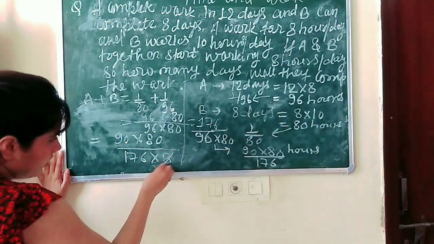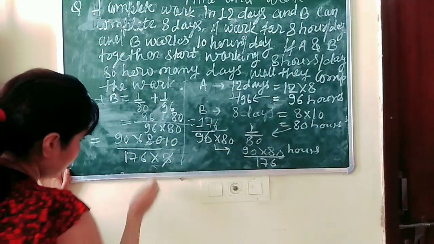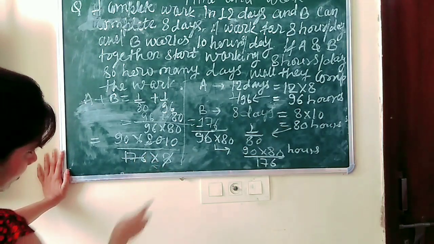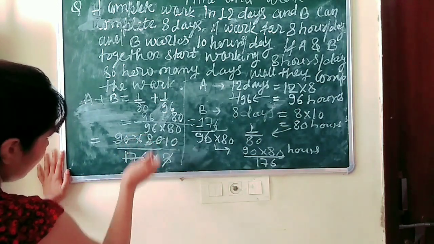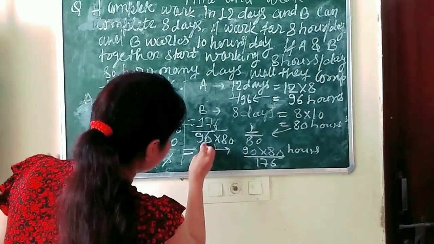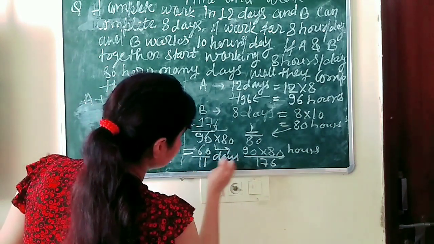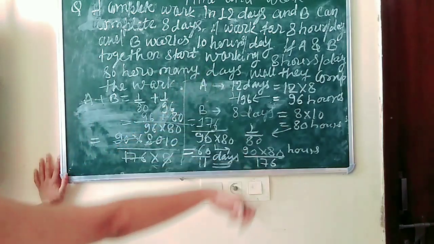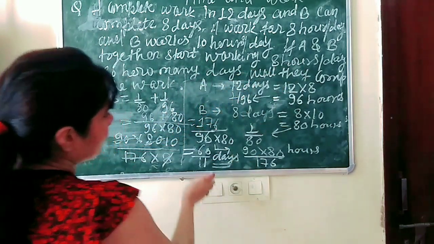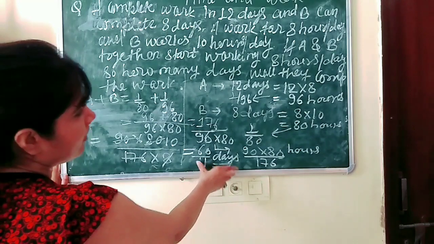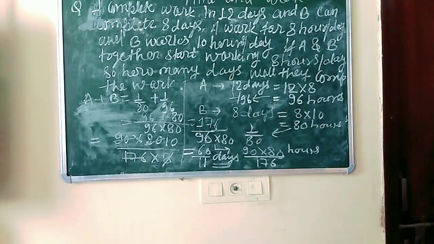If we solve it, we will get 60 by 11 days. So if they work together 8 hours per day, they will require 60 by 11 days to finish the work. This is one of the types of questions from time and work.